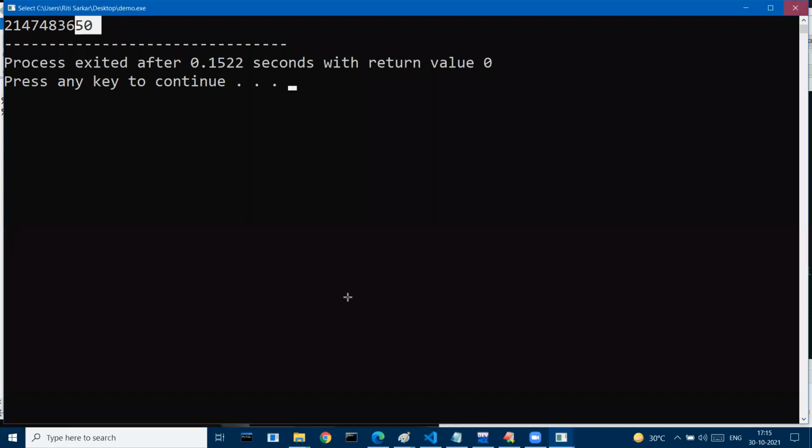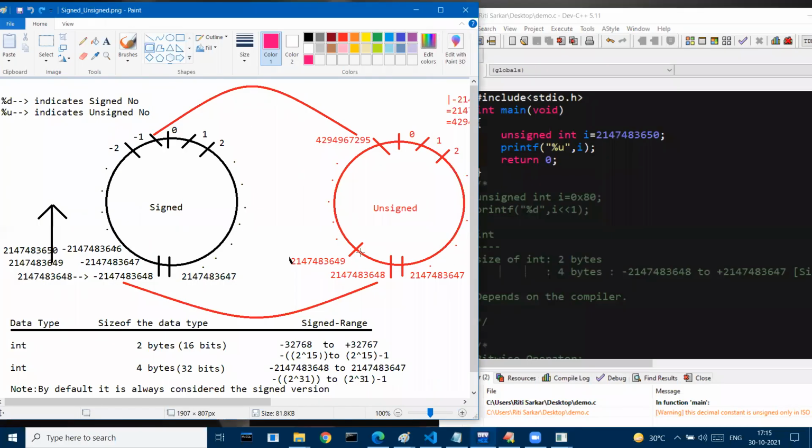So that means observe carefully: unsigned positive 48 is equivalent to signed negative 48. Unsigned positive 49 is equivalent to signed negative 47.